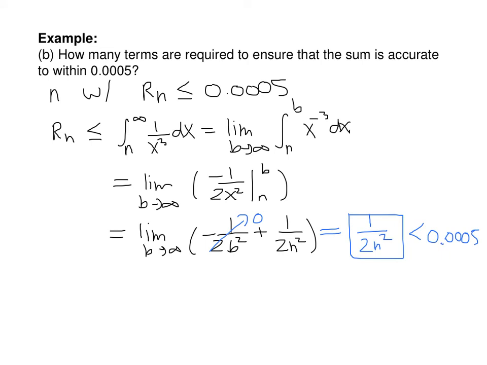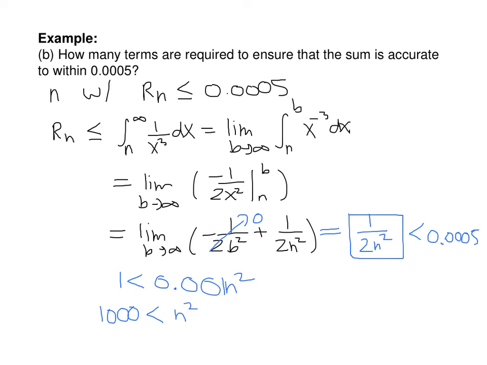So multiply both sides by 2n squared, and we'll have 1 is less than 0.001 n squared. Divide by 0.001, and because that 0.001 is positive, the inequality does not flip, so we'll have 1,000 is less than n squared.